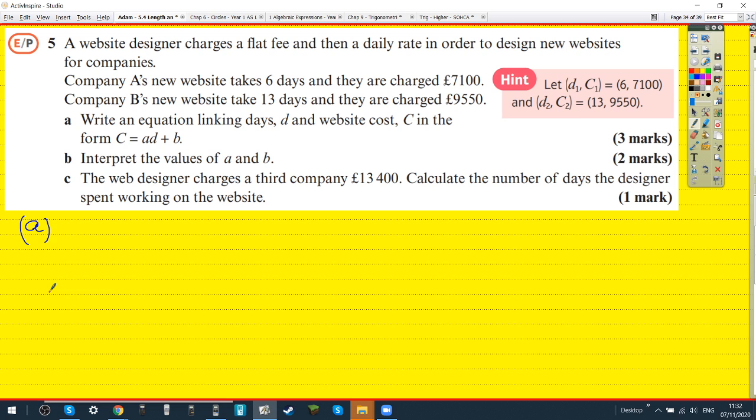So for question A, do you need to link both company A and B's costs and days together? Yeah.